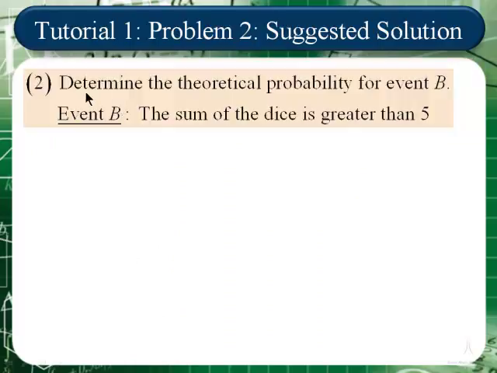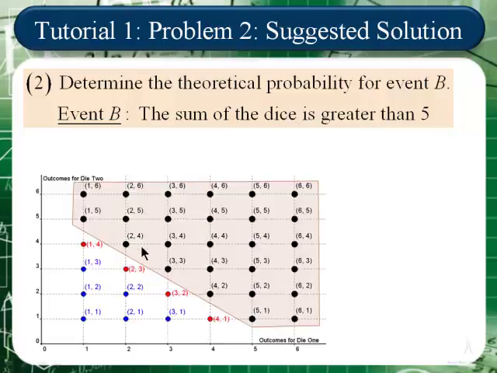Next we look at the suggested solution to the second problem from tutorial 1. You have an event here described as the sum of the dice is greater than 5. If we look at our picture again, then you notice that the ordered pairs that I've indicated in red here are the outcomes where the sum is equal to 5: 1 4, 4 1, 2 3, and 3 2.